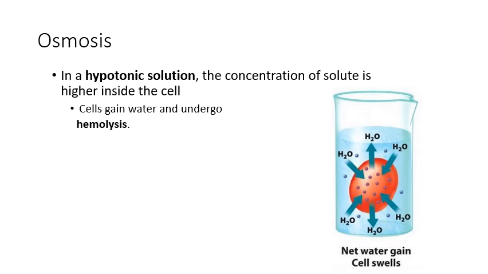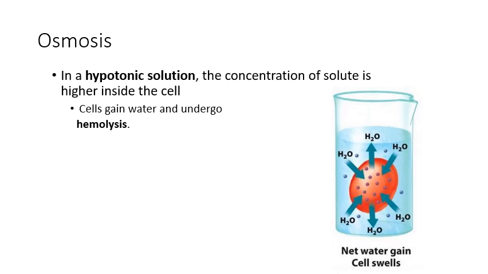Water can easily diffuse across that membrane, and that diffusion of water is called osmosis. So what's going to happen here is, to try to even out the concentration gradient, since salt can't move and water can, water is going to chase after that salt to try to dilute it. So water is now going to rush into the cell at a higher rate than it's leaving the cell. Right, so that's what's happening in a hypotonic solution.